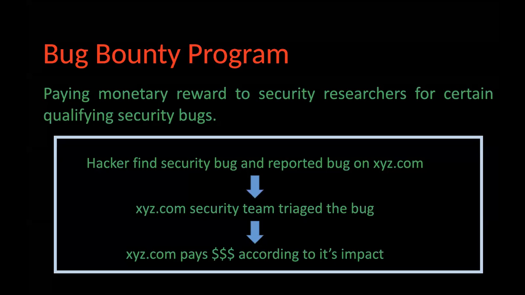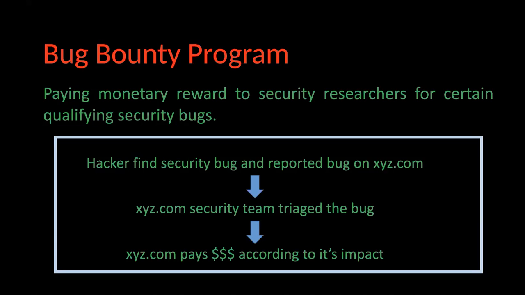For example, we have one company called xyz.com, the company website of XYZ, and one hacker finds a security flaw or vulnerability in xyz.com. Then he ethically reports it to xyz.com. Every company has some security team, right? So xyz.com's security team will check the vulnerability.